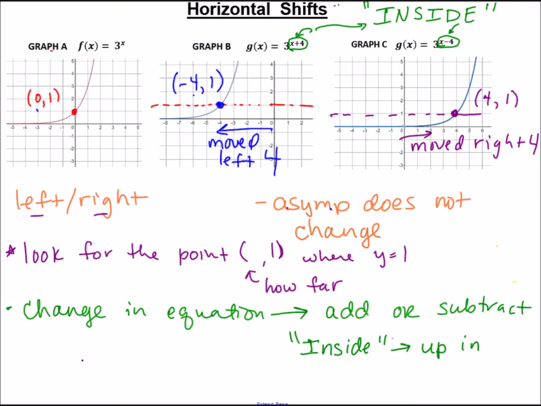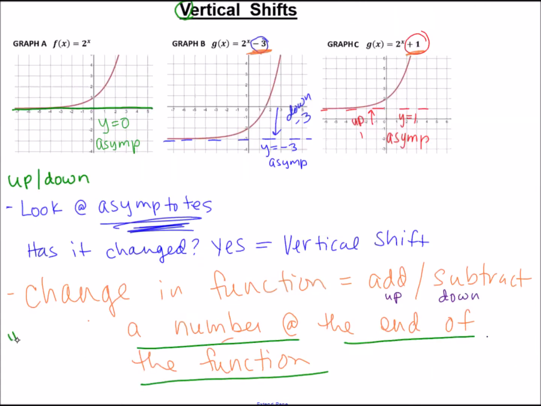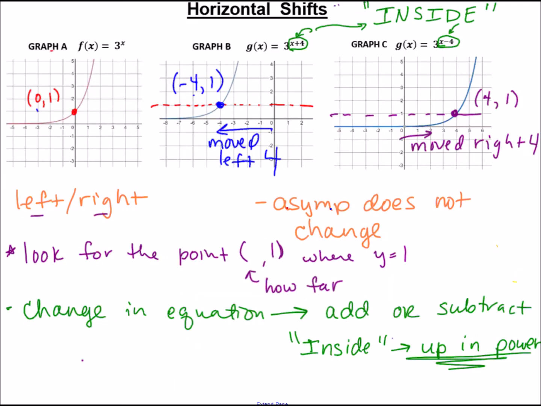That's key right there. This one, you'll hear me use the word outside, which means at the end of the function. So try and associate when you hear the word outside. It'll be on your reference sheet too. That I'm talking about at the end of the function, whereas with horizontal shifts, when I say inside, it's talking about up in the power.